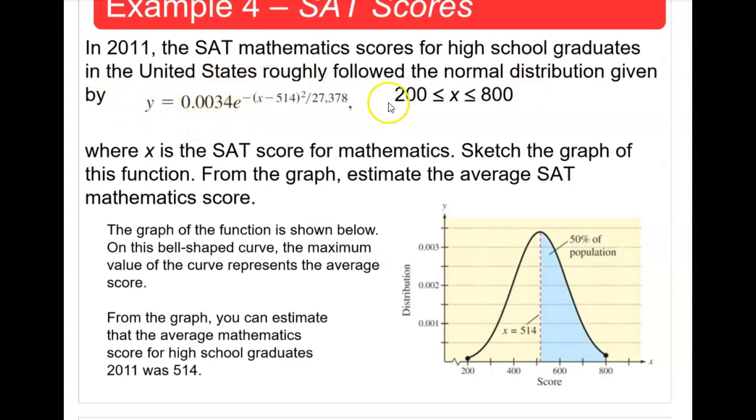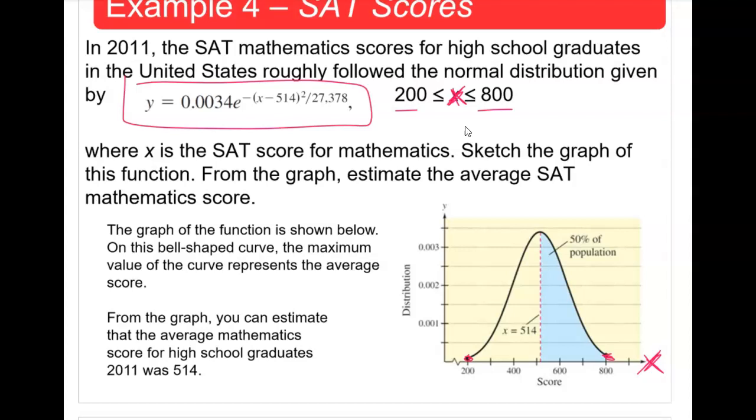And the scores, which is the input, in this case we're using the variable x right here, that's the score. They go from 200 to 800, including 200 and 800. You could see those are actual points here. So our lowest score was 200, our highest score was 800. And we have the model here for that distribution.